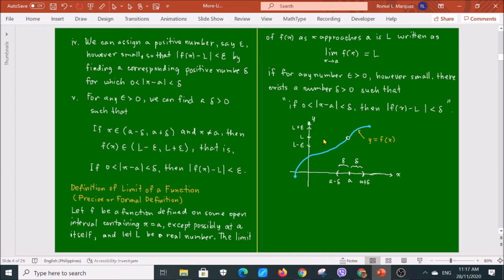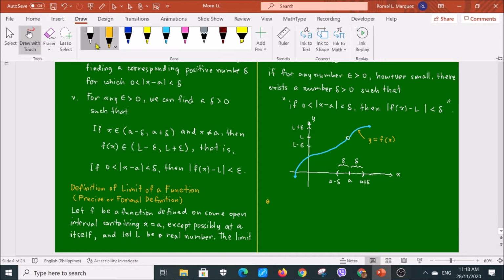So mathematically, that's the formal definition, and this is how we interpret that formal definition graphically. Okay? So we are going to use this formal definition in proving whether the given limit is really such limit, no?